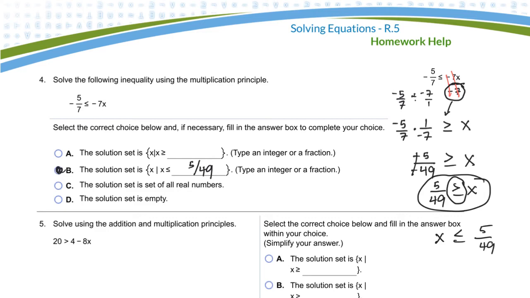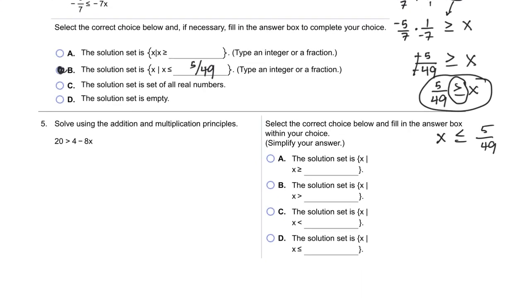All right, the next question, hopefully a little easier, just because there's no fractions to start with. Again, I have an x on the right side. Why don't I move that x to the left side? I could just leave things on this side, but I like having my x's positive. So I'm going to add 8x on both sides. So it'll leave me with 8x plus 20 is greater than 4.